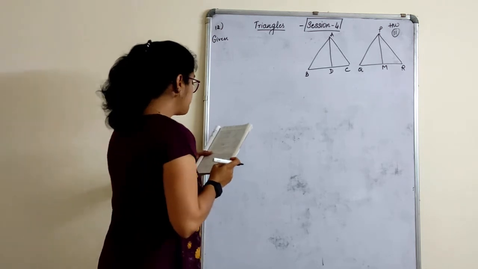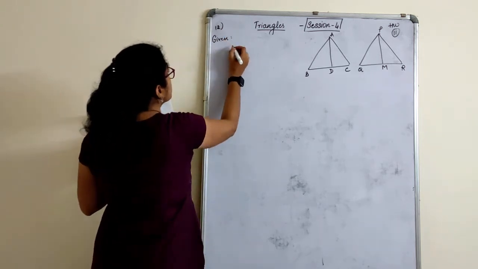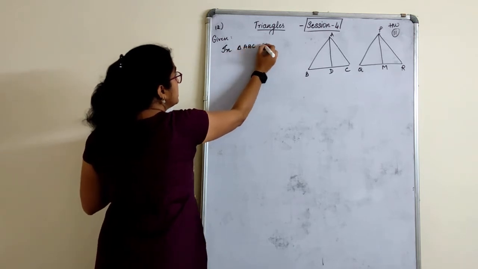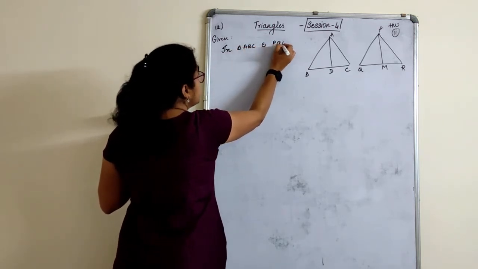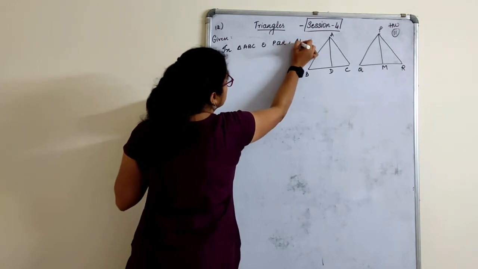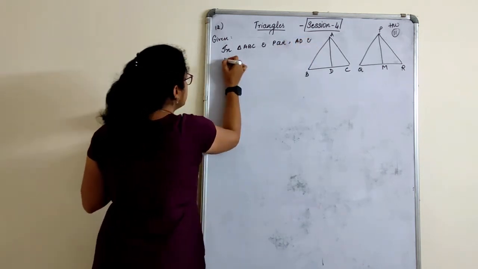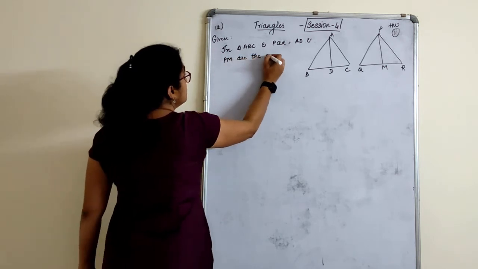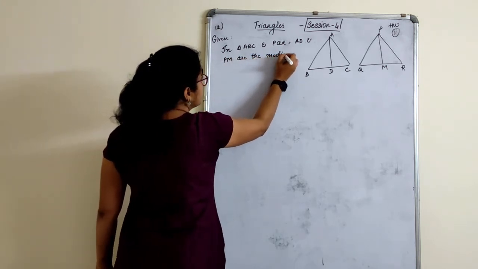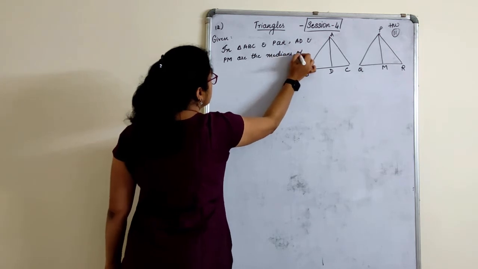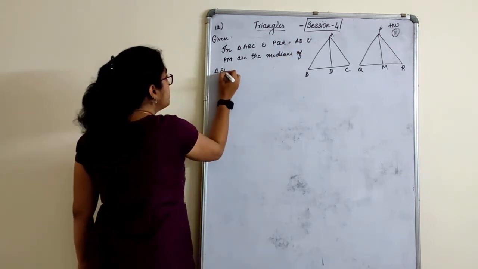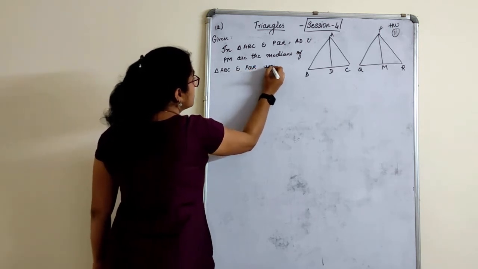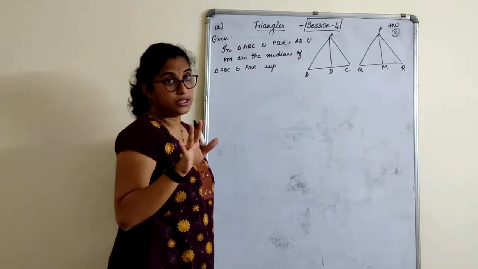I will write like this now. In triangle ABC and PQR, AD and PM are the medians of triangle ABC and PQR respectively. Done.